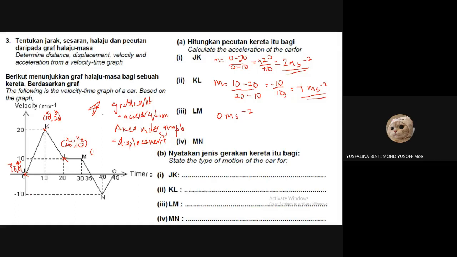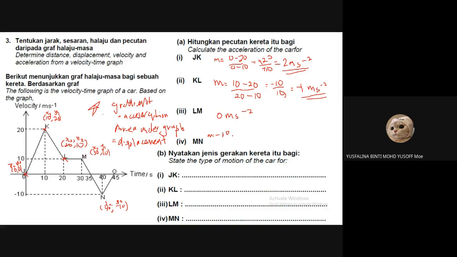Is it correct? So let's try. 30, 10, and this one is 40, negative 10. Okay, so I put x1, y1, x2, y2.